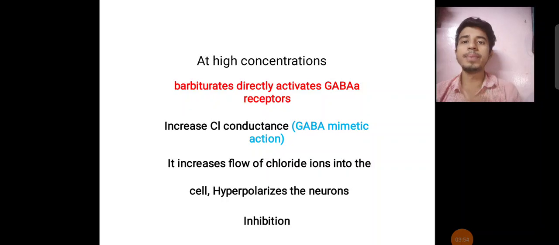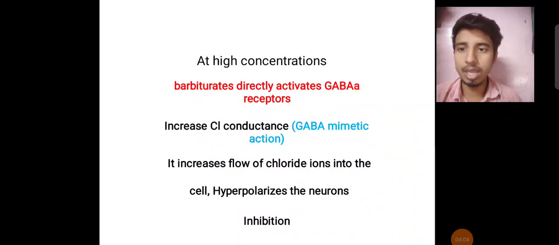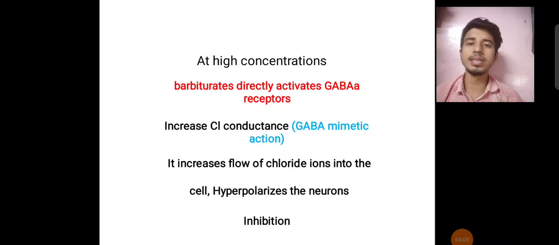In the previous one, the barbiturates act on the GABA receptor, and here the barbiturate directly acts on the GABA receptor, which increases the chloride conduction, due to which the chloride flow increases. As you know, chloride is inhibitory. The hyperpolarization occurs and the inhibition takes place.